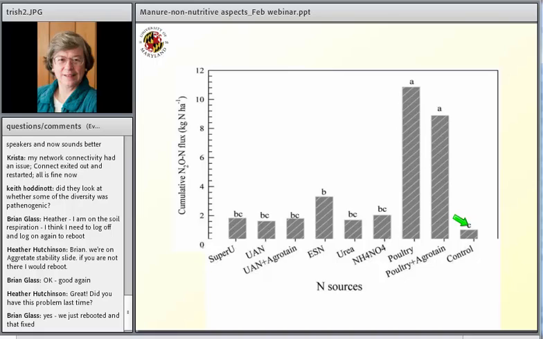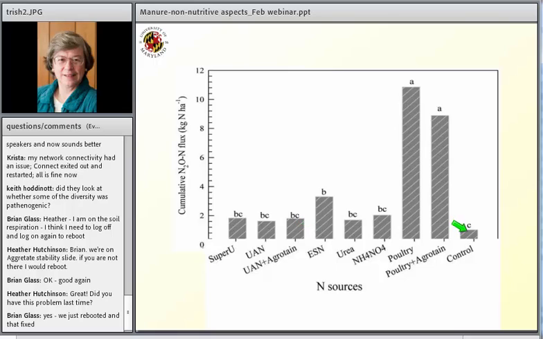These letters indicate that if they're the same, the treatments are not statistically different, and if they're different, they are statistically different. So you can see that the poultry litter treatments had far more nitrous oxide given off over the season than any of the commercial nitrogen, whether enhanced efficiency or not.